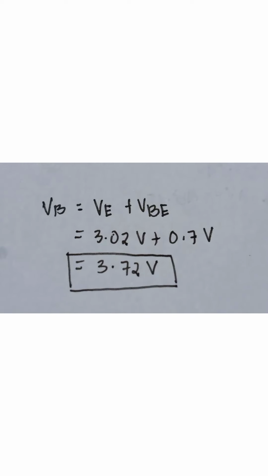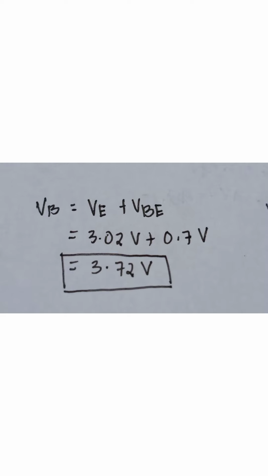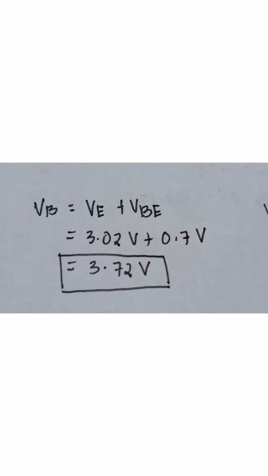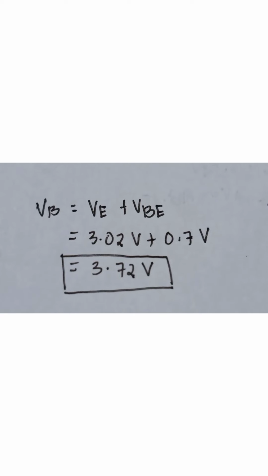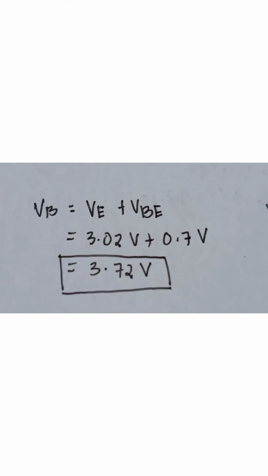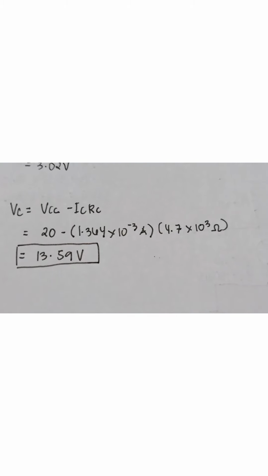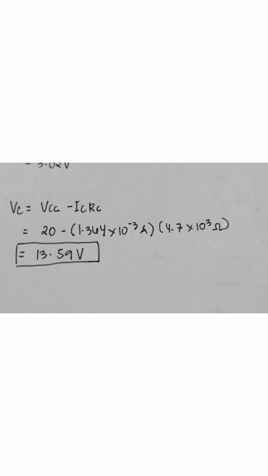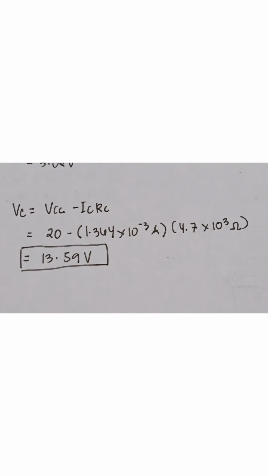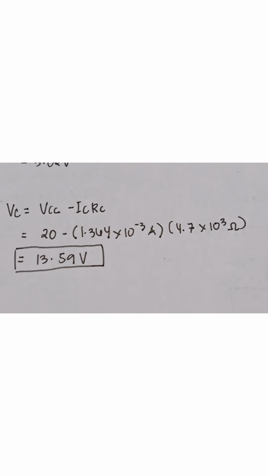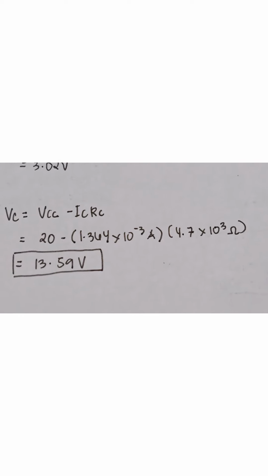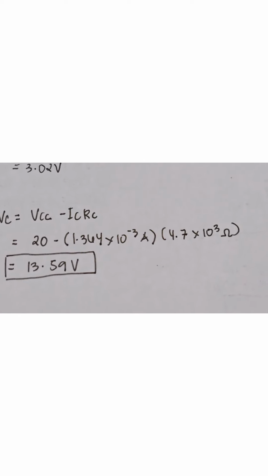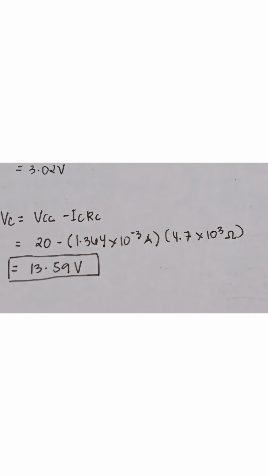Since we already have the value for VE, we can now solve for VB. So VB is equal to 3.02 volts plus 0.7 volts, which is the constant for VBE. So the value for VB is 3.72 volts. We already have the value for IC, which is needed to solve for VC. We have here 20 minus 1.364 times 10 to the power of negative 3 amperes times 4.7 times 10 to the power of 3 ohms.